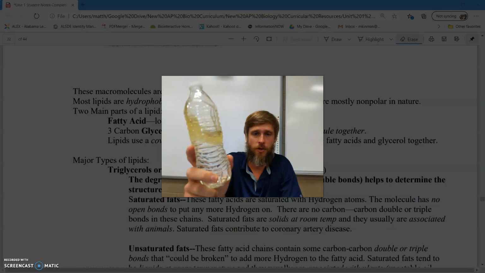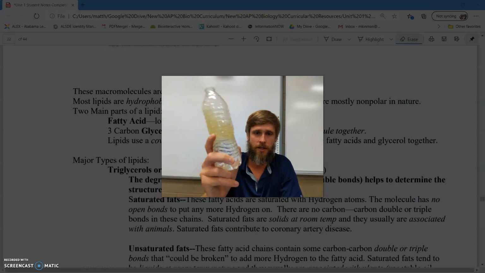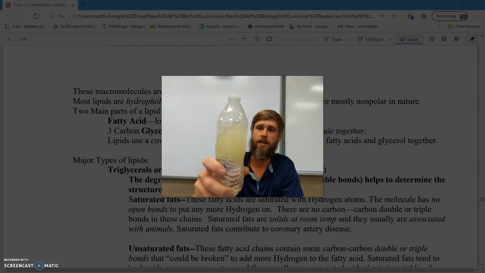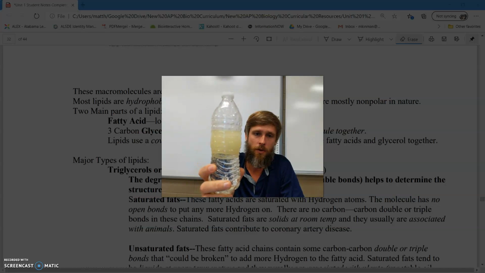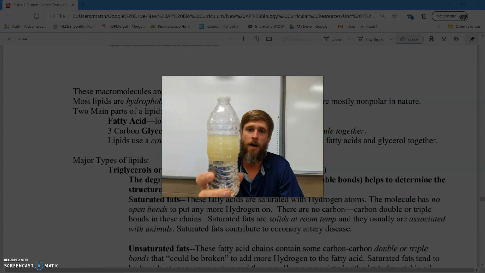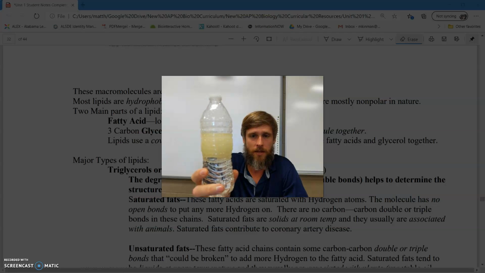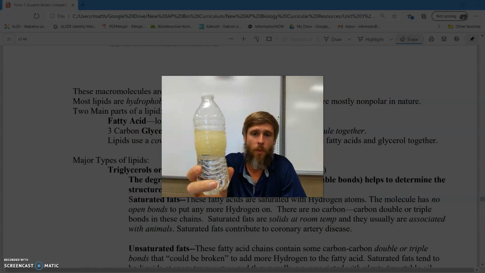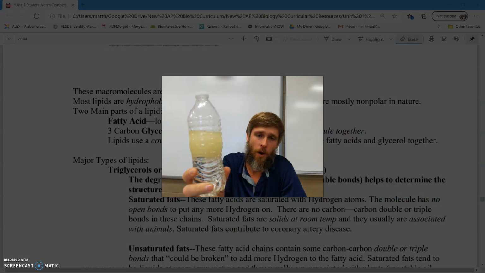So no matter what you do, if you shake this up and mix it, they will mix momentarily, but eventually the oil will rise to the top. Well, why does it rise to the top? Well, it rises to the top because it's less dense, but why don't they mix? Water is polar and oil is nonpolar. So as long as oil remains nonpolar and water remains polar, they will not mix.